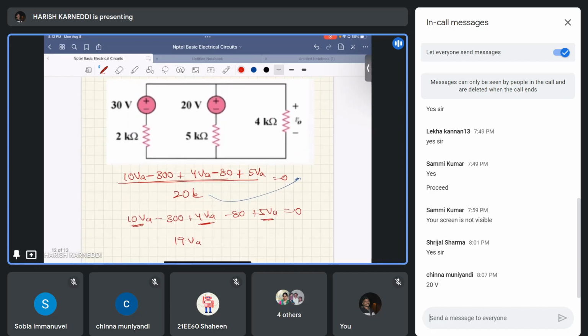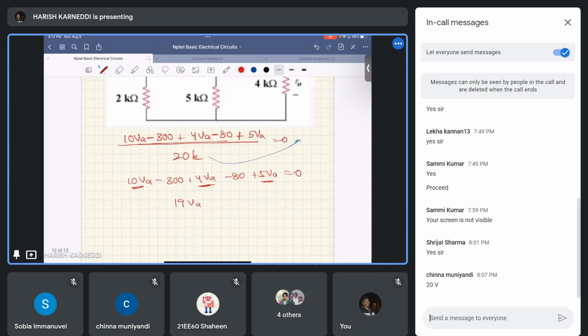Then this is minus 300 and this is minus 80. We can write 380 and send it to that side. It is plus 380. Then VA equal to 380 by 19. It is 20 volts.